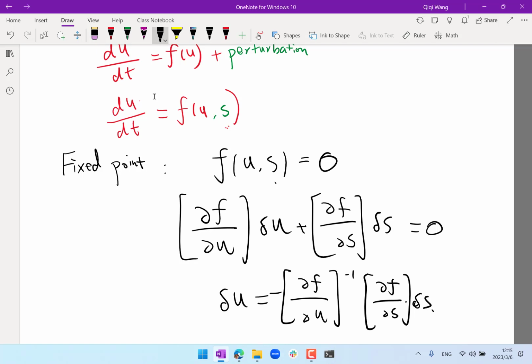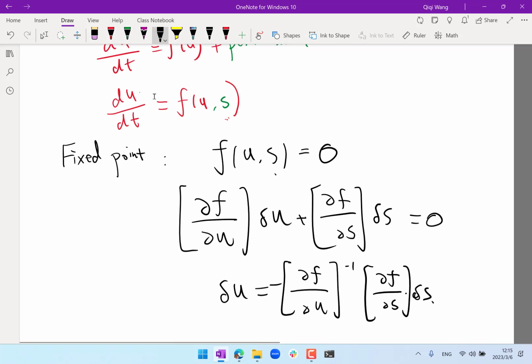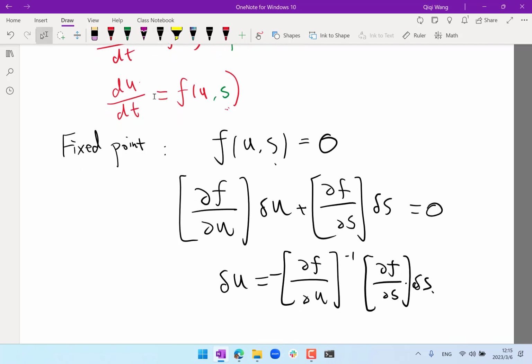By solving a matrix system, which is as easy as or easier than solving the nonlinear system, you can estimate how the solution responds to a small change in the parameter.